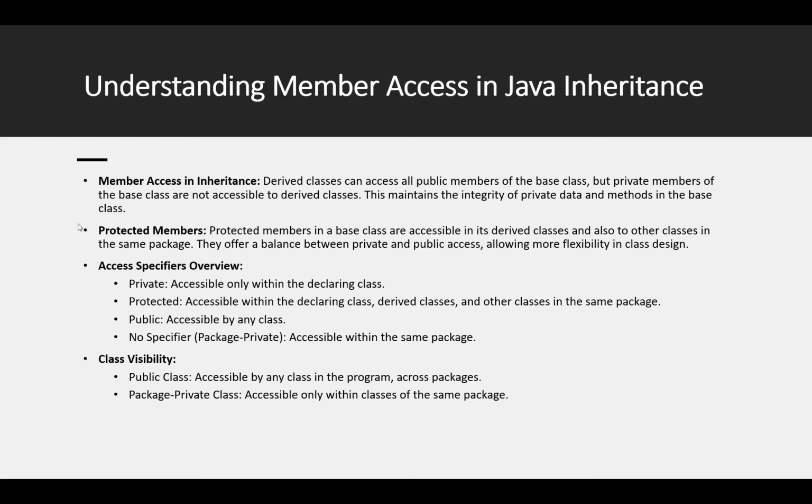And there are a few access levels in Java, which are also called access specifiers. The first one is private. Private is like personal diaries, accessible only within the class where they are declared. Protected, as we discussed before, is like family heirlooms, accessible within the class, in derived classes, and in the other classes of the same package.